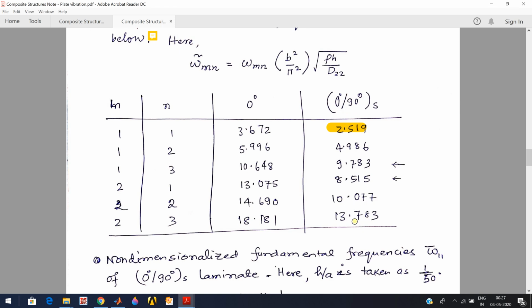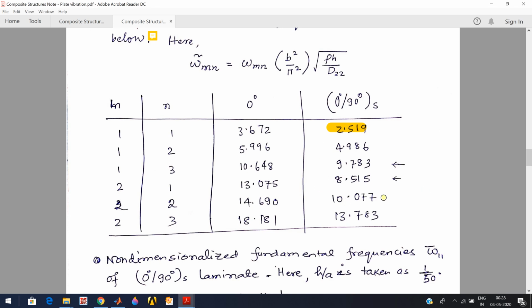Here it is shown just to report in the same table in this way, because if we take 2 1, that is m2 and n1, that gives you the third frequency for this laminate 0/90, whereas the fourth frequency for 0 degree. And the 1 3 mode, m1 and n3, that gives the third frequency in this case 0 degree, whereas the fourth frequency in this case.